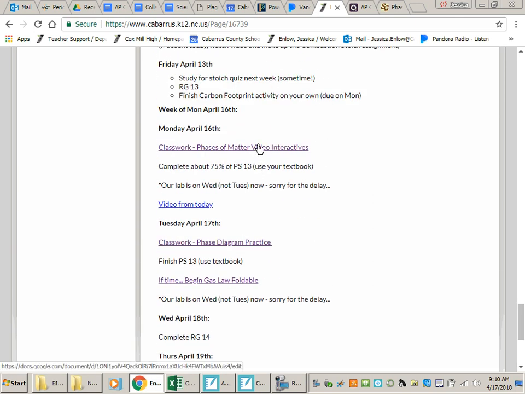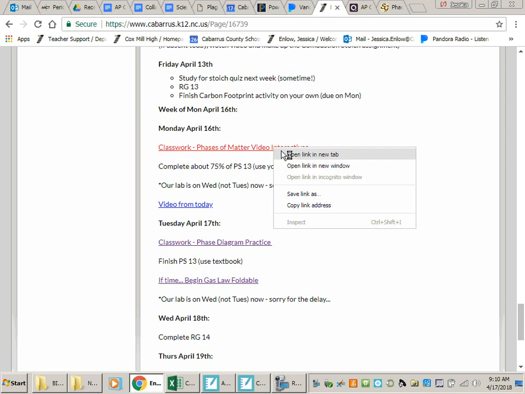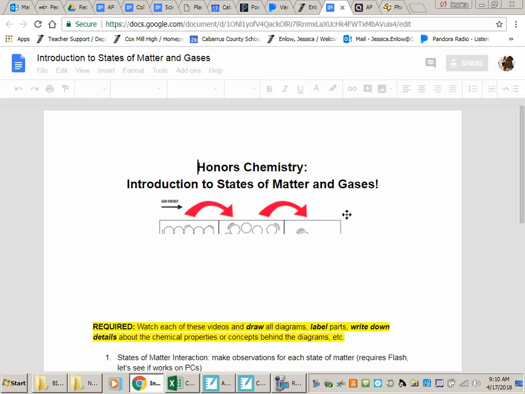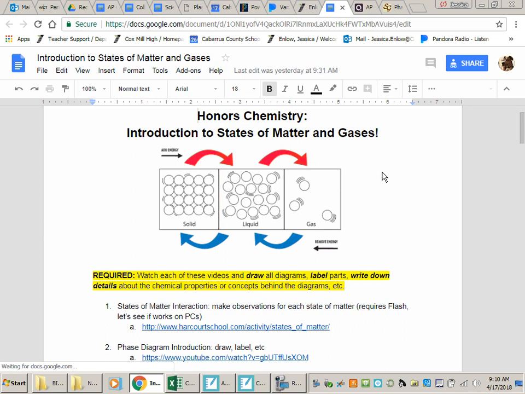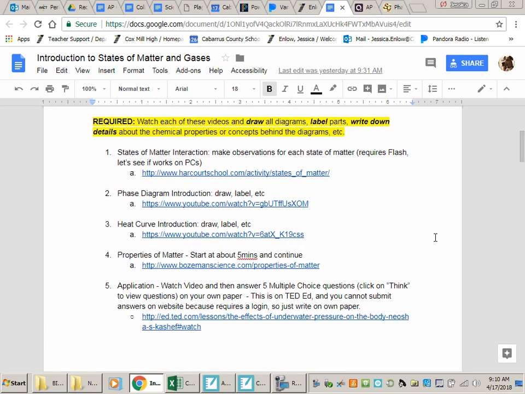Look up here for me. You see it Monday, classwork, phases of matter videos, that interactive? When you get to the link under homework from Monday, it says classwork, you're doing 1, 2, 3 videos, and you're going to draw the diagrams, label parts, and write down details about anything you need to. That's what we did yesterday in class. You do that first.